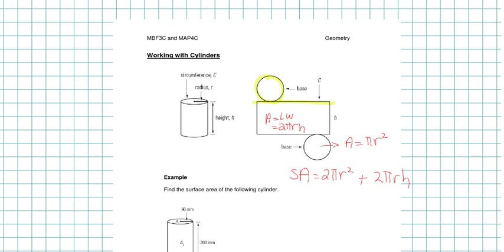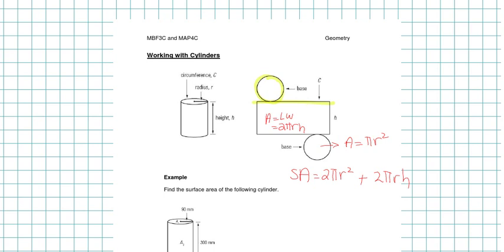The formulas split the different sides for you: the area of the base, the area of the lateral surface, and then the area of everything. Are we okay with that?